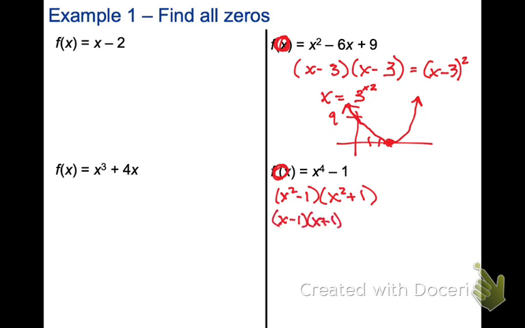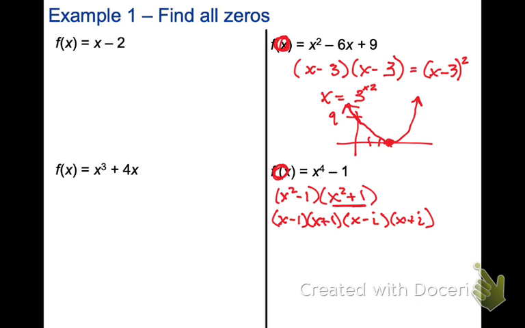How would I factor the sum? What has to be there to get a positive? Is it going to be a real solution on this x squared? It's going to be an i, isn't it? So it'd be minus i and then what? Plus i. To factor this, since it's the sum, you have to have an i in there because that i squared is going to make the negative a positive.